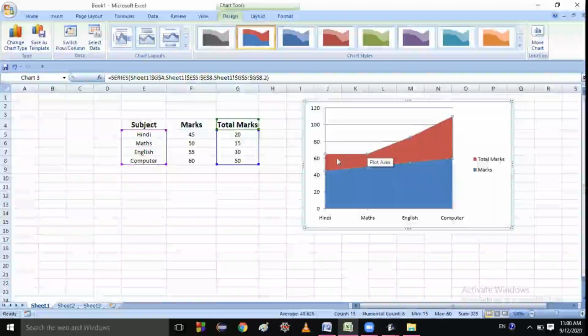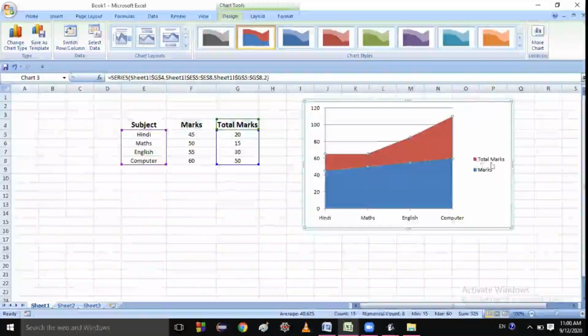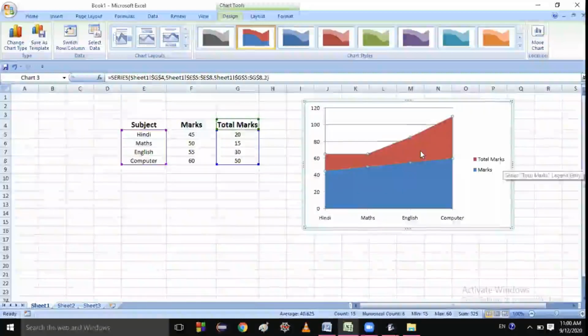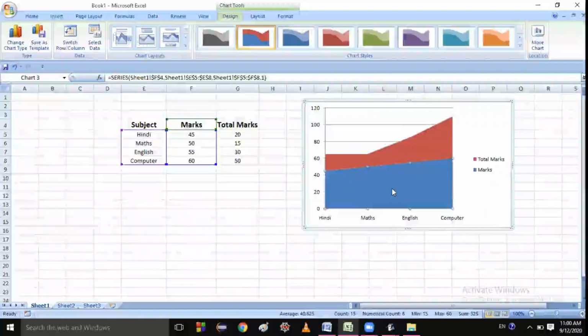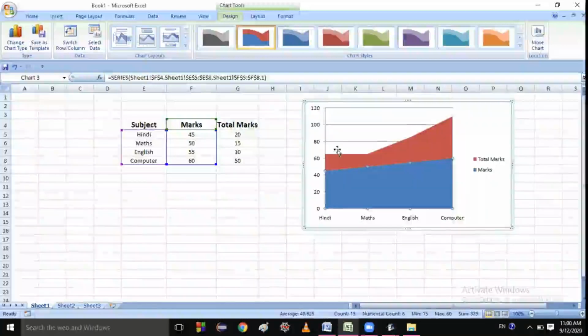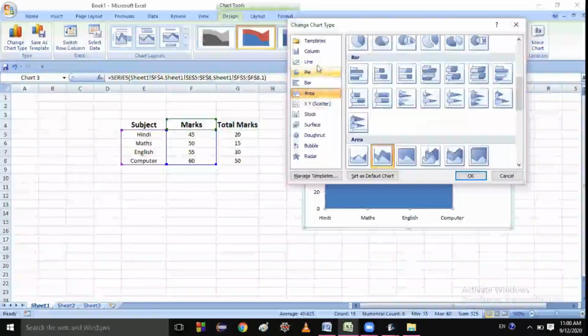So if we see here, total marks is showing in this color, and marks showing in blue. Okay. You just see here. Let me clear my line chart.